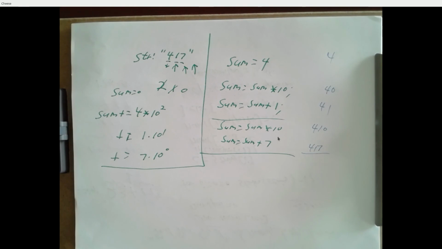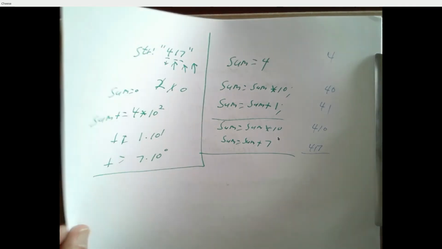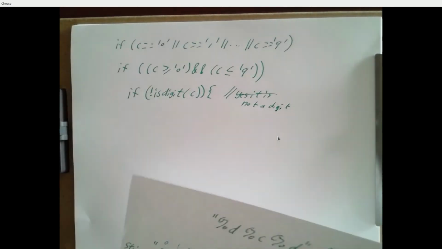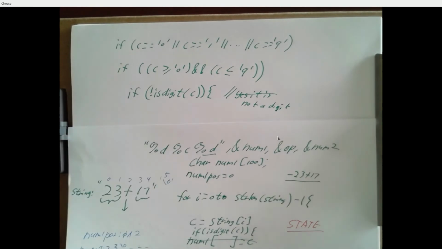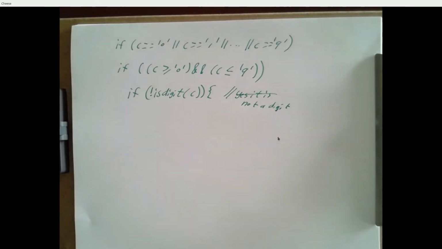And the main idea here is the idea of state, of having one for loop, for example, that does different things depending on what's happened in the past. And some of this business of dealing with characters, and in particular using things like isDigit instead of ASCII codes if we can.